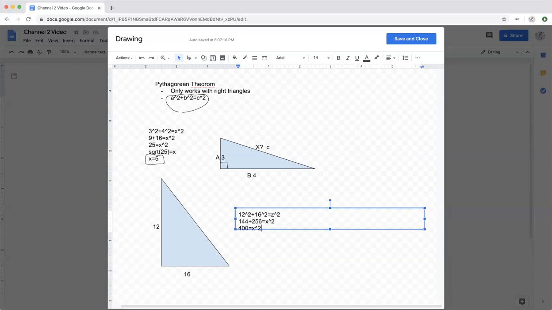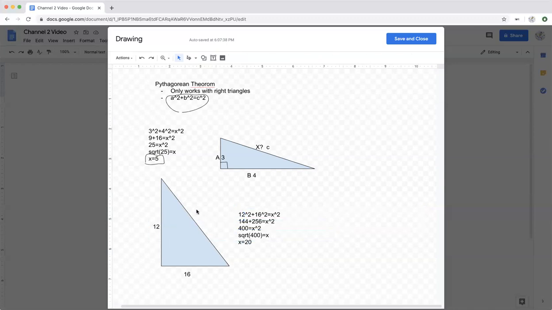So what is x? Square root of 400 equals x. So x would be equal to 20. Sorry about that. Let's just change the variable to x because it's easier for me to remember. So x is 20, which would mean this side length here would be 20.